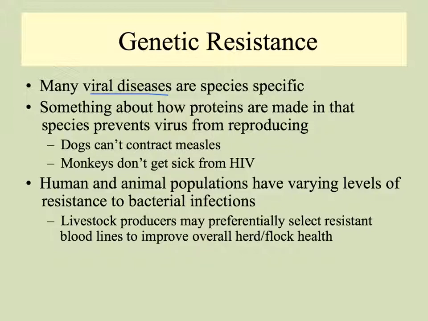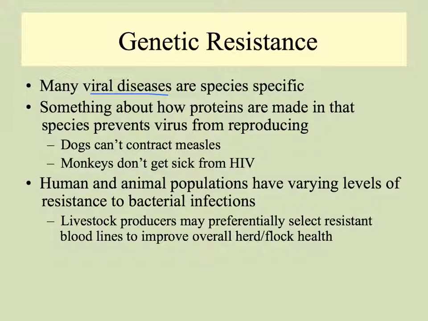Also, all living things have genetic variation, and so there are family lines that have a stronger resistance to certain bacterial infections. And this is something that's important to livestock producers, especially those in the sustainable agricultural field that are trying to move away from using a lot of medicinal chemicals and such in their animals, looking for family lines that seem to be genetically resistant.